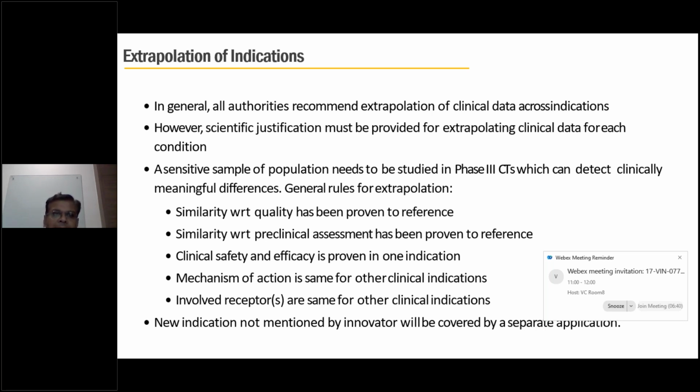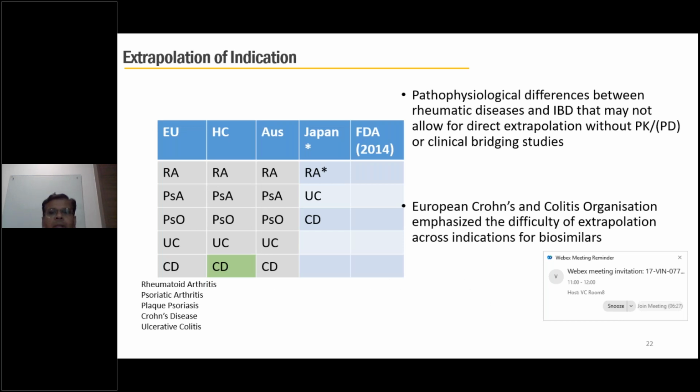So with extrapolation of indications, you do a study in one indication and then try to prove that it can also be effective in the other indication based on the label claims. These things are typically not possible, especially when we come to biosimilars. There are different regulatory authorities, say Europe, Health Canada, Australia, Japan, the US FDA.